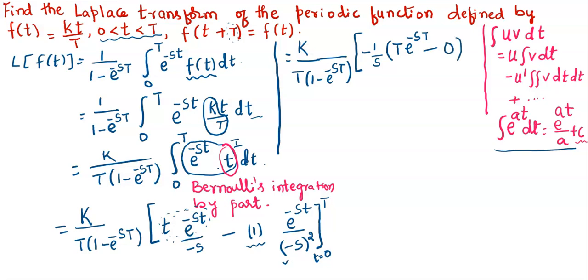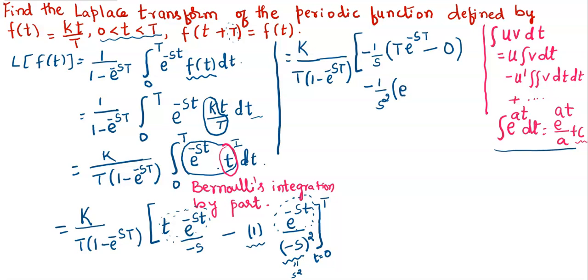Same thing. Minus s whole square is plus s square, right? So let me take minus 1 by s square outside. Now we have to apply the limit for the function e to the power of minus st. Apply the upper limit.